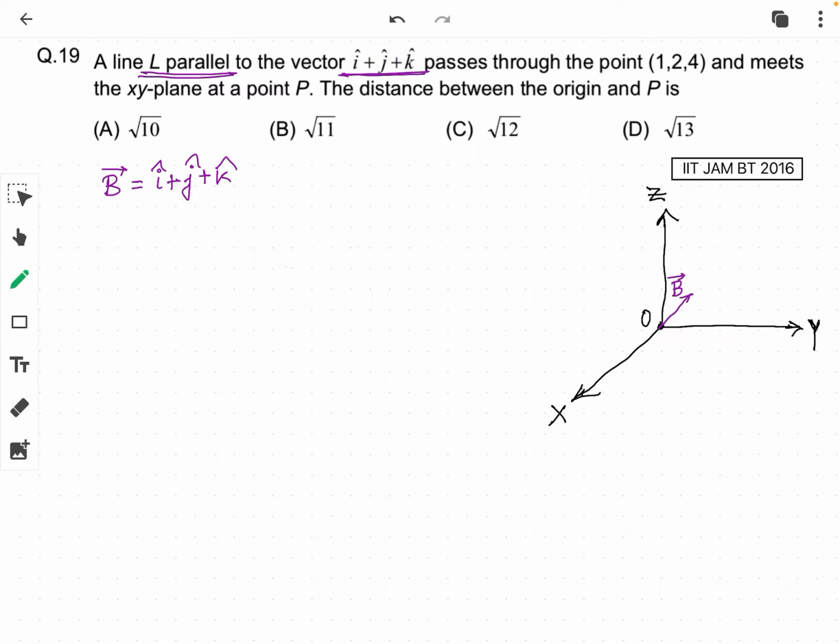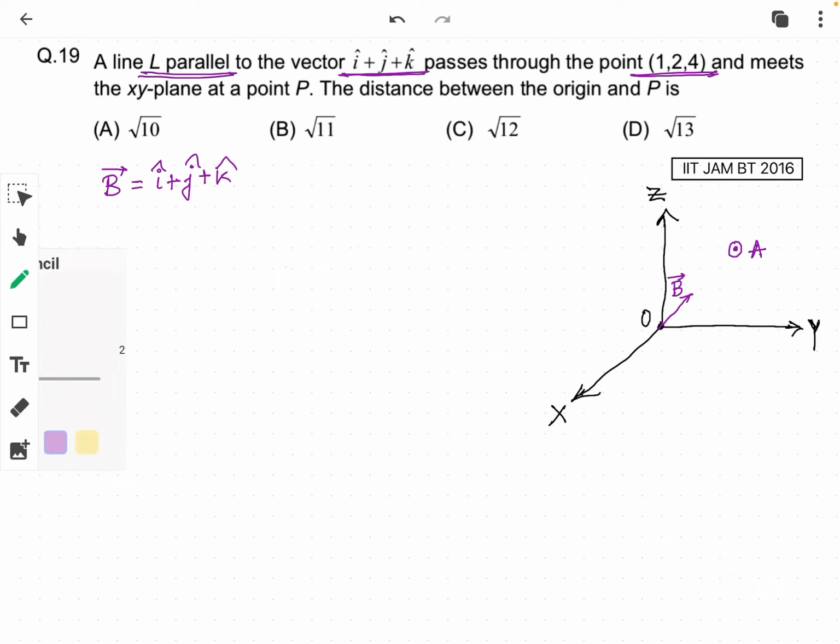And the line L passes through the point 1, 2, 4. Okay, so suppose the point 1, 2, 4 is somewhere like this. Okay, it is here. This is point A, suppose.